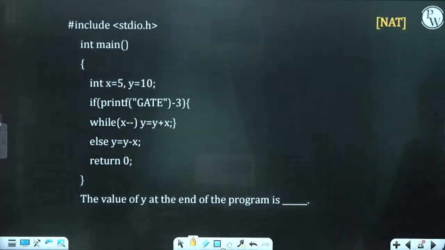Just solve it quickly. What is the answer?